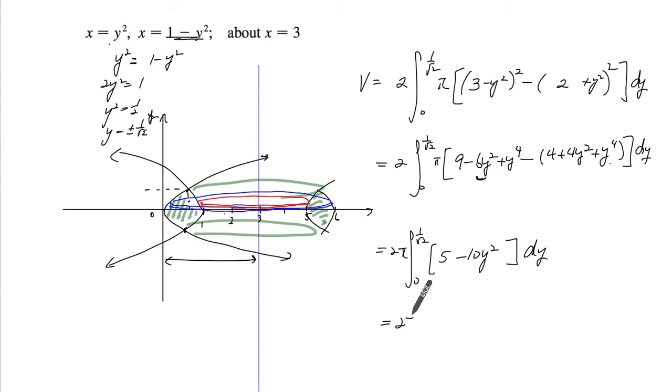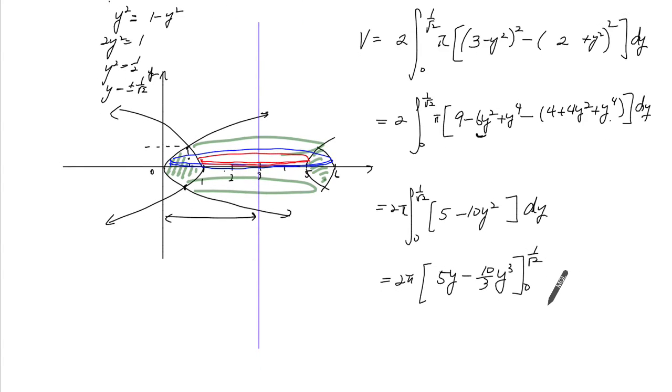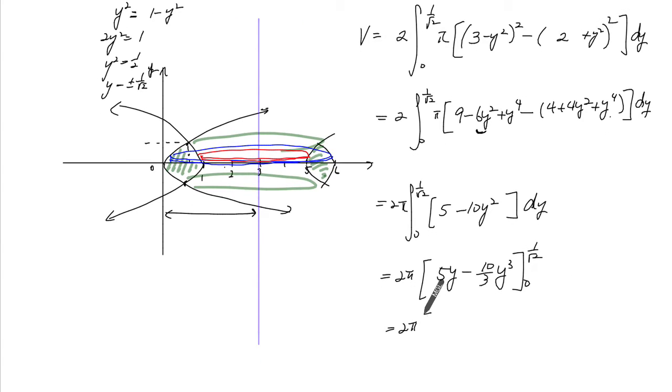So now we're dealing with 2 pi, and the antiderivative is 5y minus 10 over 3 y cubed. So 5 times 1 over root 2, minus 10 over 3 times 1 over root 2 cubed.